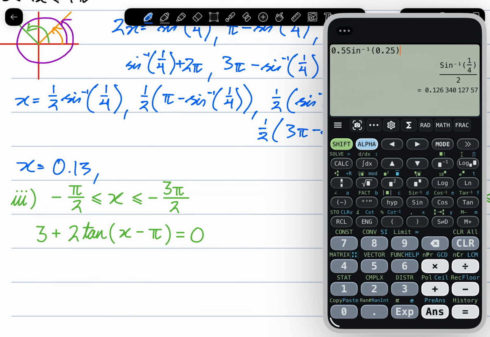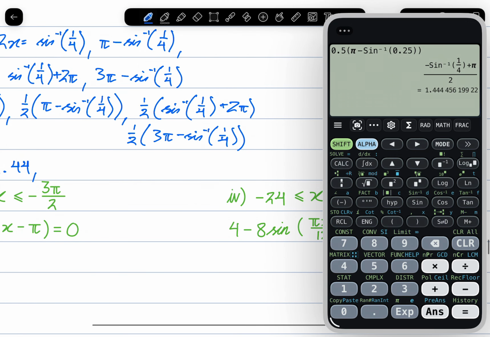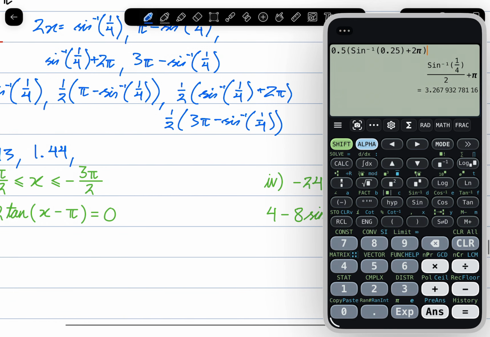I'm doing the next one. So 1/2 of pi minus that one there. Closing that bracket, I get 1.44. The next one is going to be that one there. So 1/2 times sine inverse of a quarter plus 2 pi, 3.27.